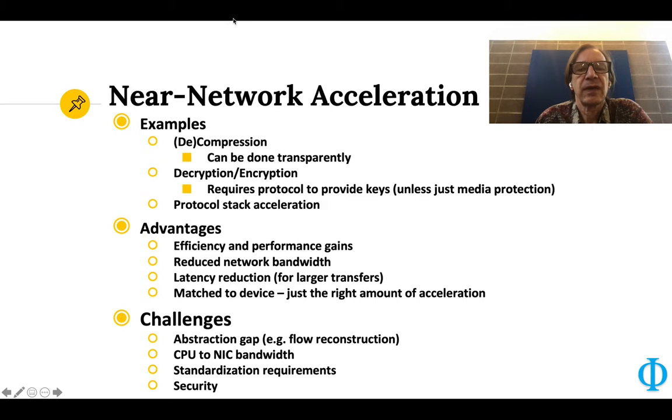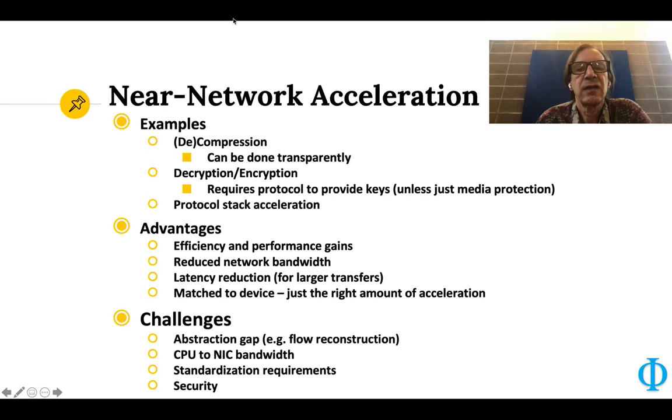Decompression can be done transparently, but does require coordination with the other side of the network interface and standardization, as we discussed in an earlier module.